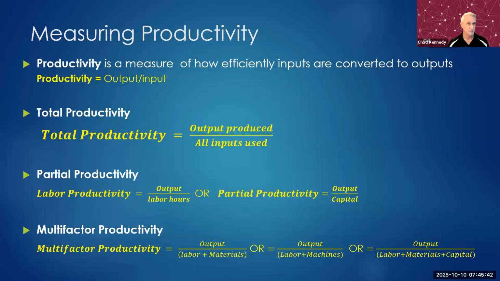Usually it's cost associated with those things. For example, we could have labor and materials, so that would be the cost of that labor plus the cost of the materials on the denominator. Versus if it was labor, materials, and capital, all of those would be in currency terms, and machines could be in there as well. These typically tend to be your variable costs. So these are several ways that we can calculate something.